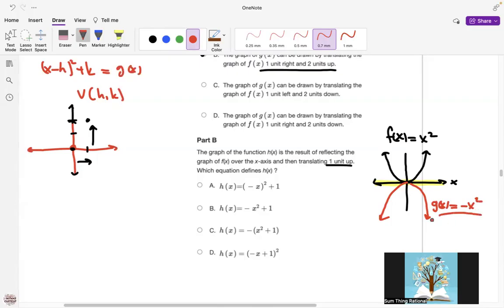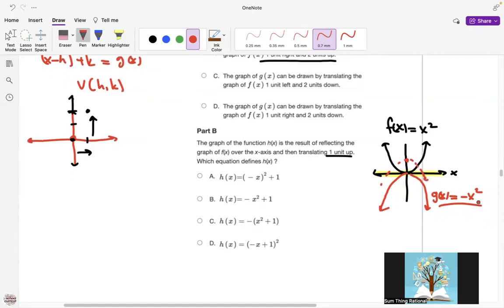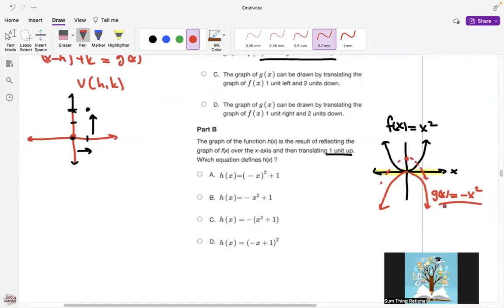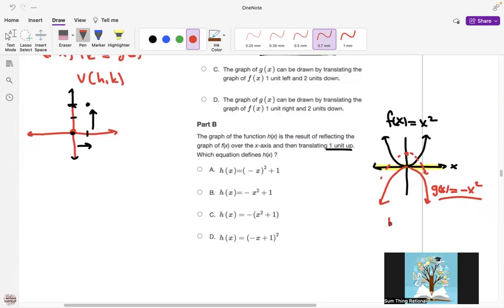So reflecting over the x-axis makes the x squared graph negative x squared, and 1 unit up means adding plus 1. So at the end, h of x, reflecting over the x-axis becoming negative x squared and taking 1 unit up, is negative x squared plus 1.